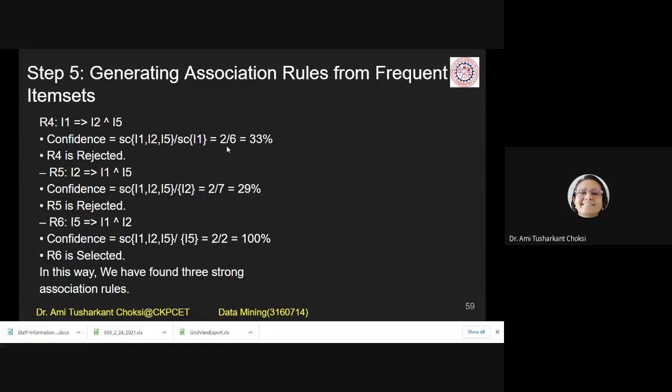So after finding the confidence, we need to check whether it is greater than or equal to the minimum confidence or not. If it is satisfied, we can say the rule is accepted, or otherwise the rule is rejected. Fine.